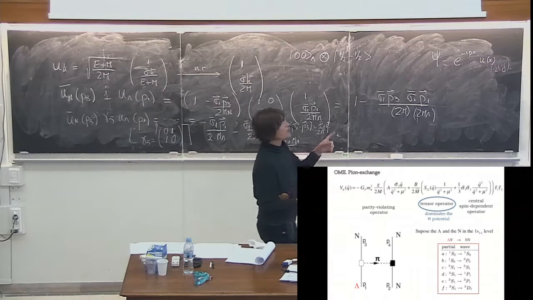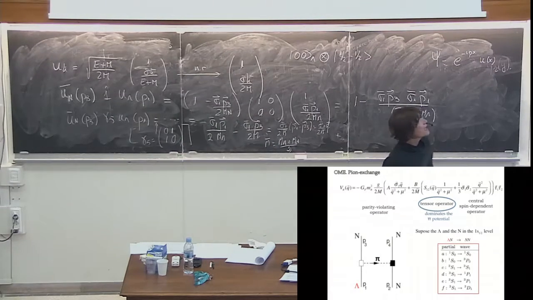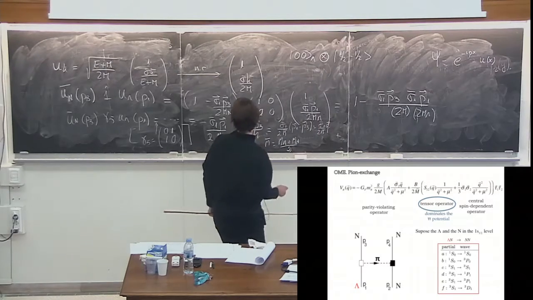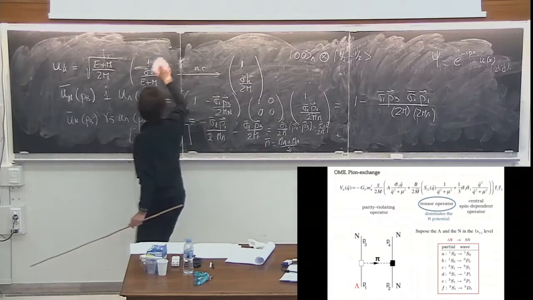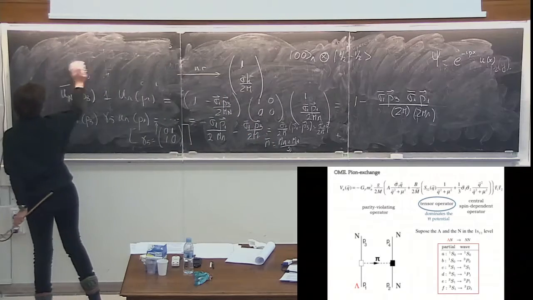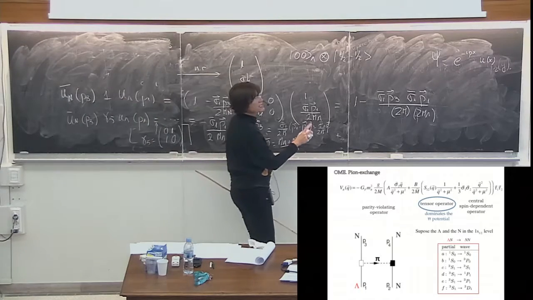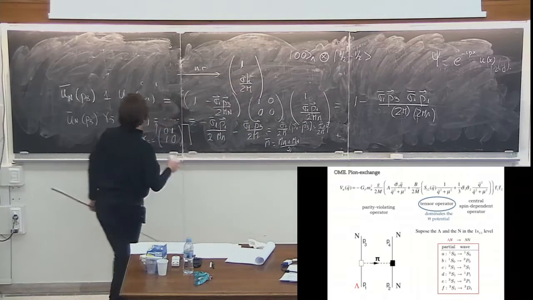The potential you get has 3 parts for pion exchange. I have to say, what is this sigma 1, 2? This is the tensor operator. Maybe not all of you are familiar with the tensor operator, but when you make these calculations here, you get factors like sigma q, okay?